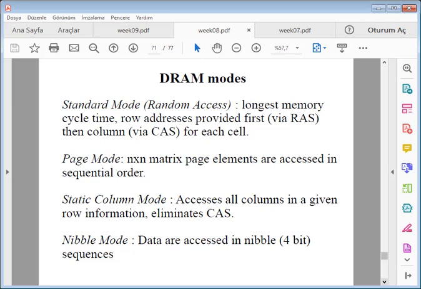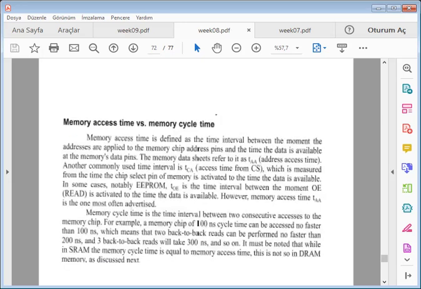Those are called RAS and CAS for each cell. In page mode, we have an n by n matrix, and page elements are accessed in sequential order. Static column mode accesses all columns in a row, so there's no need for a column access cycle or register mode. And in nibble mode, they're accessed 4 bits at a time.